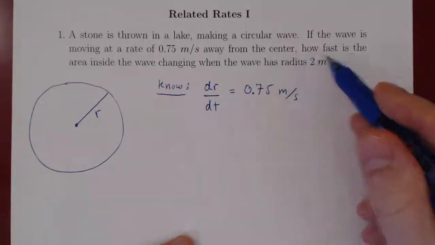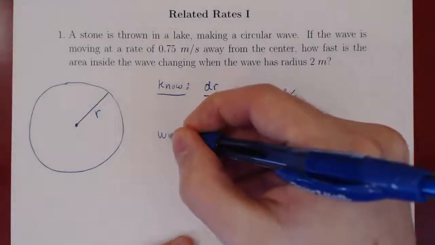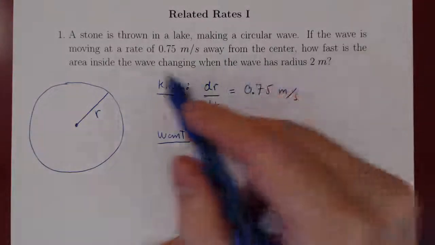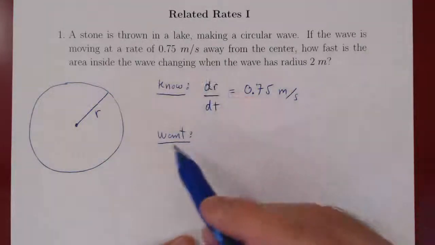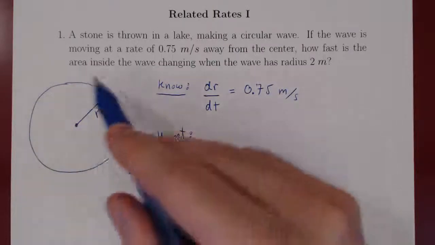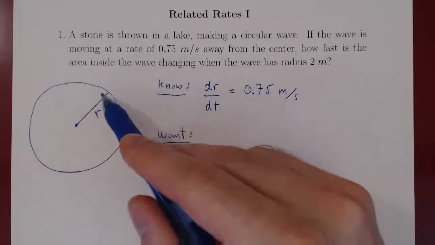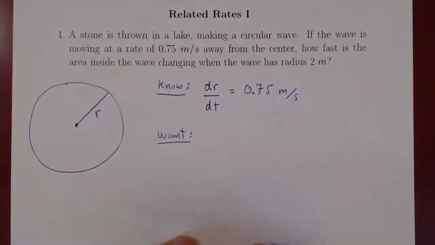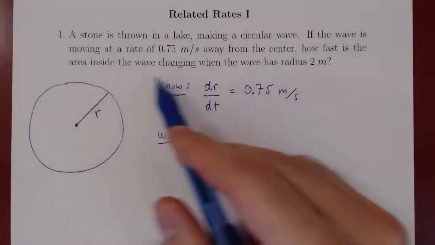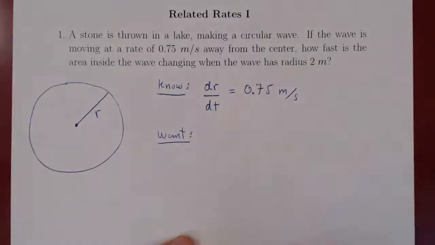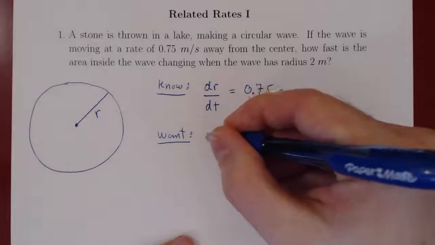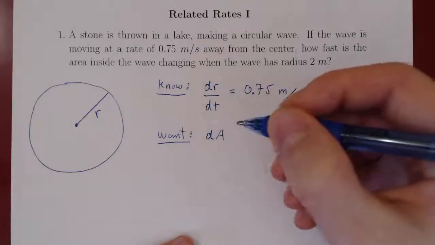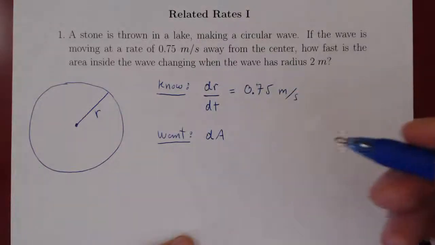And now, here's the question. This is what we want to find. How fast is the area inside the wave changing? Well, that is another variable. As the circle formed by the wave keeps getting bigger, the area will also get bigger. And we're asking how fast the area of the wave is changing. Again, it's a rate of change, and a rate of change is a derivative. Let's call the area uppercase A, which is also a function of time.